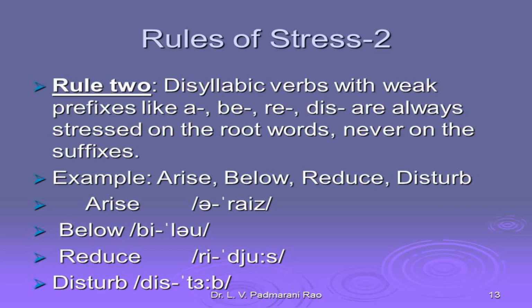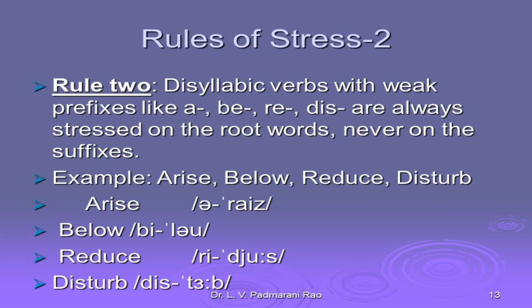The second rule talks about disyllabic verbs with weak prefixes like a, be, re, and dis. If the disyllabic verbs have weak prefixes like a, be, re, dis, they are always stressed on the root words and never on the prefixes. So the root words are to be accented.